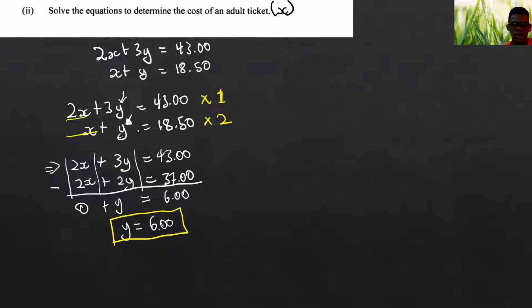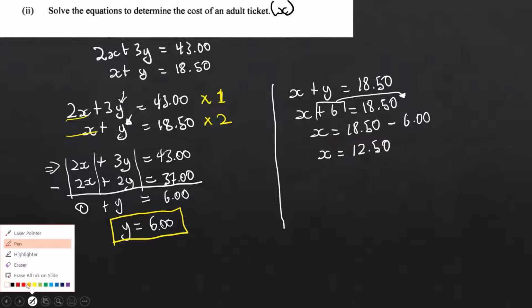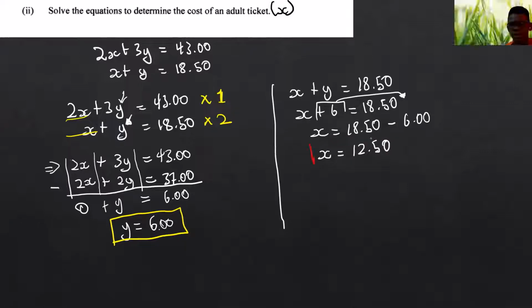Let's use the second one because the second one is easier to solve. x is equal to, right, somebody double check my math. Sir, it's correct. Thank you. Good. So the cost of a single adult ticket would be 12.50.